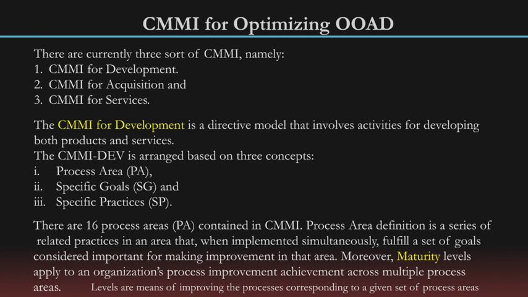Moreover, maturity levels apply to an organizational process improvement achievement across multiple process areas. So these levels are means of improving the processes corresponding to a given set of process areas.